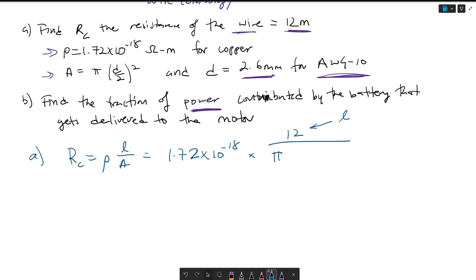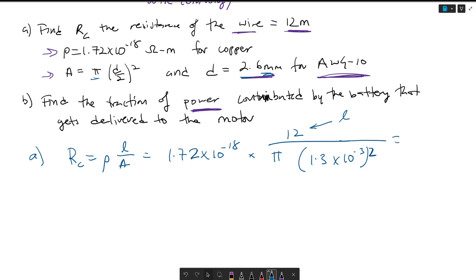And then pi, because it's the area, times, if you divide 2.6 by 2, you get 1.3 times 10 to the negative 3, because it's millimeters, squared.